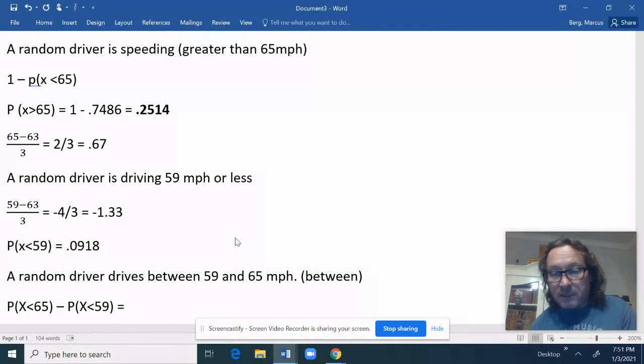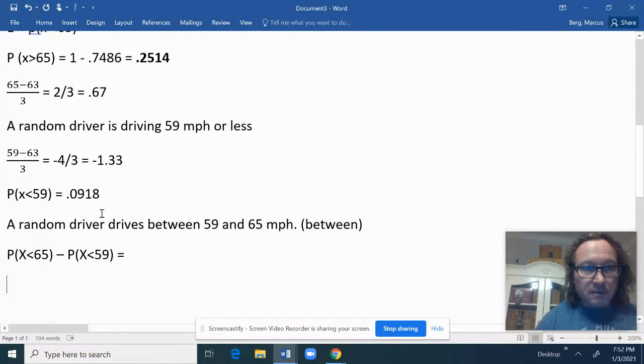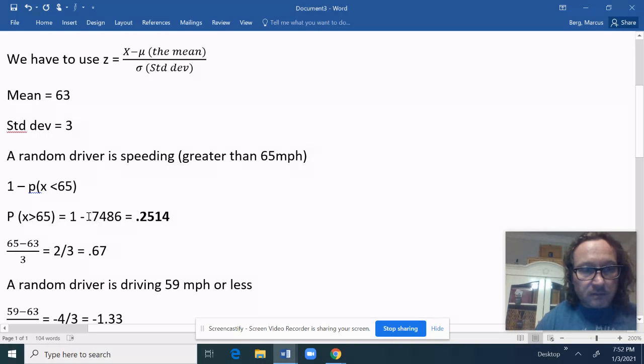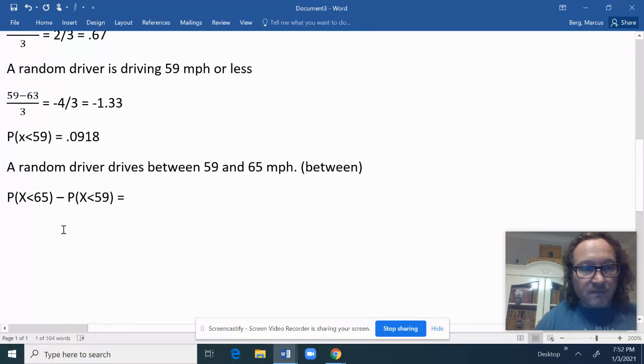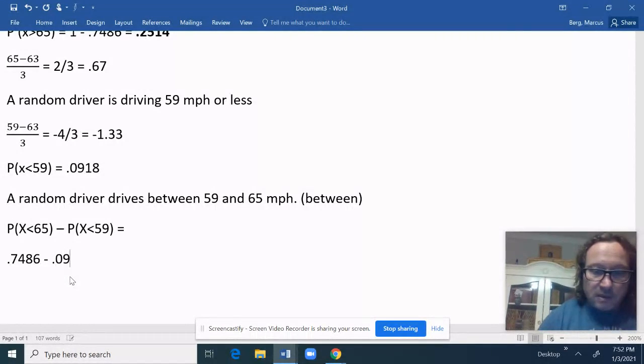But we already did that. I did 65 up here, that was 0.67, and I found that probability. You guys hopefully followed along. So that probability is 0.7486, minus what we just did for x less than 59, which was 0.0918.